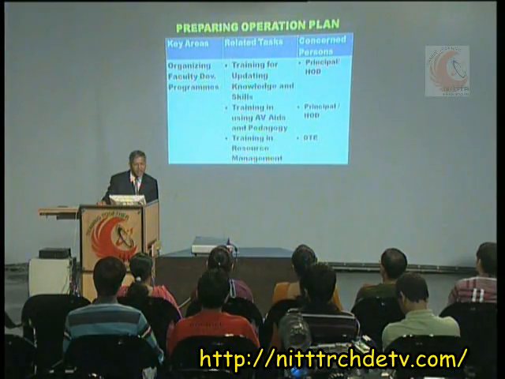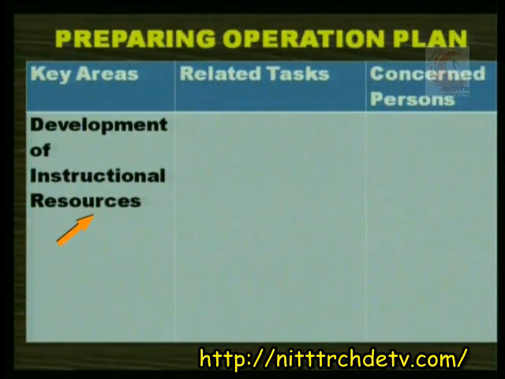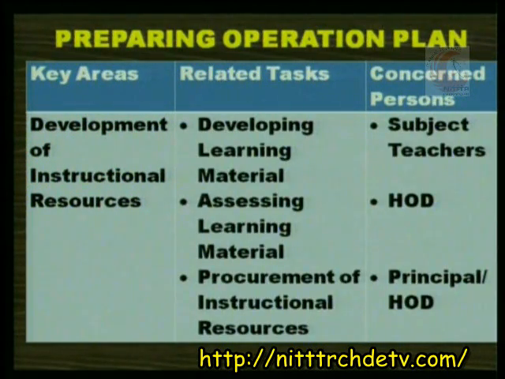Let us identify another area, and this is development of instructional resources. You need to prepare the instructional resources if you have to effectively implement the curriculum. The related tasks as far as this key area is concerned are developing the learning material.